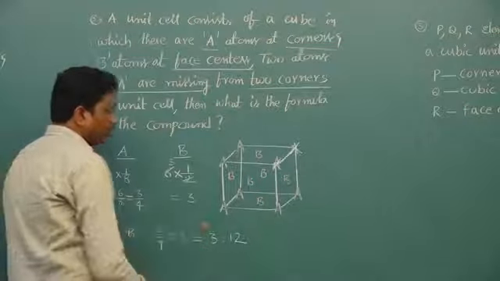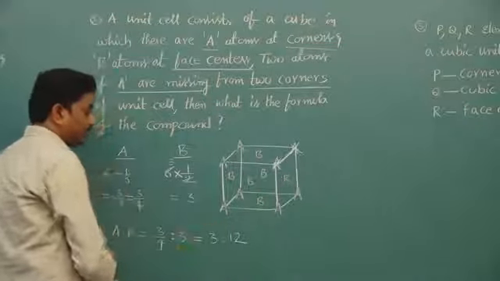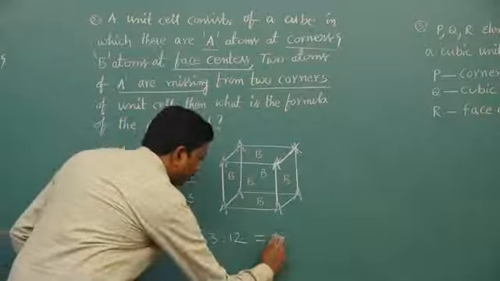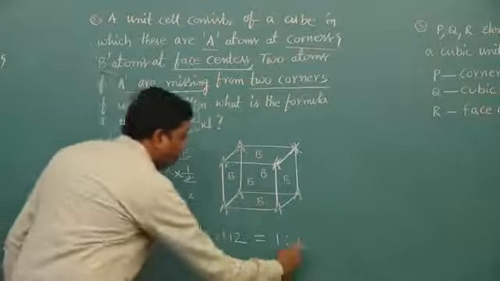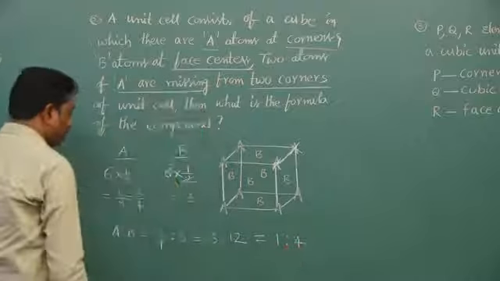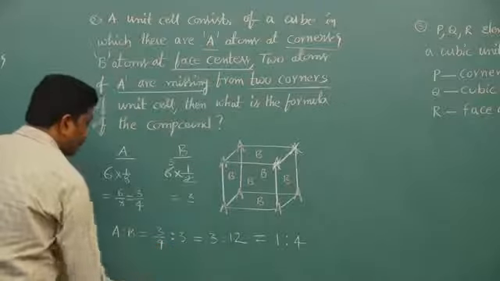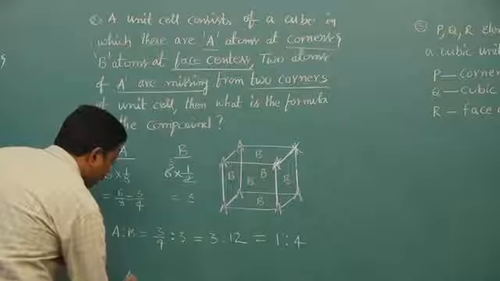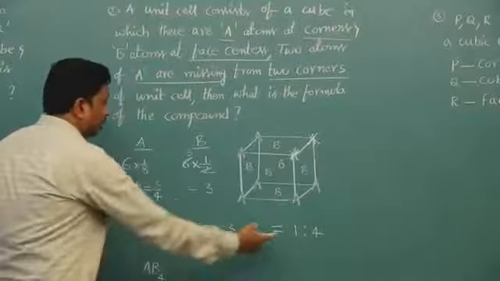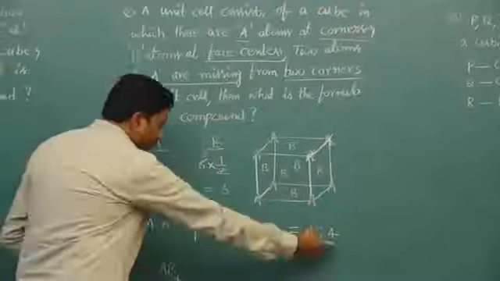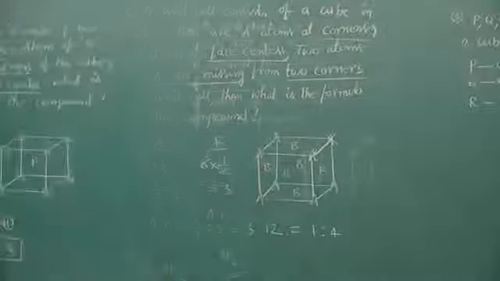Now again, divide this ratio by 3. 3 by 3, 1 is to 12 by 3, 4. So the formula of the resulting compound is AB4, because it is 1 is to 4 ratio. So A is 1, B is 4, AB4. So this is the answer.